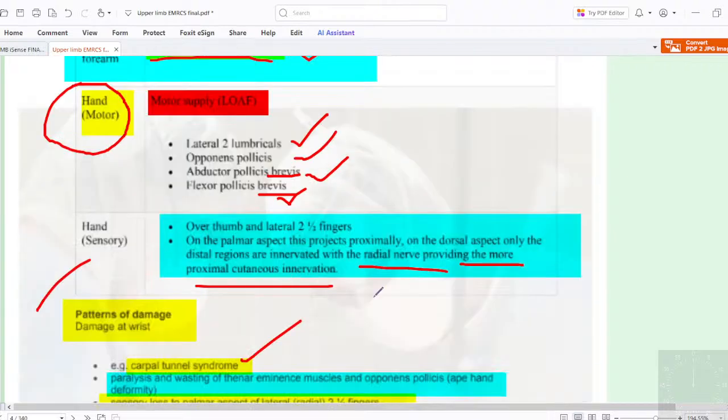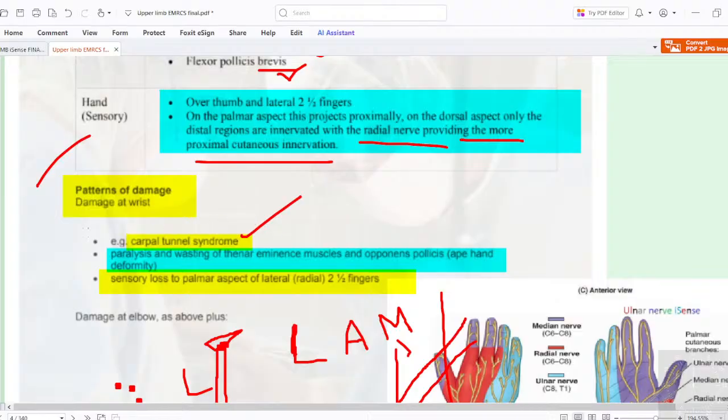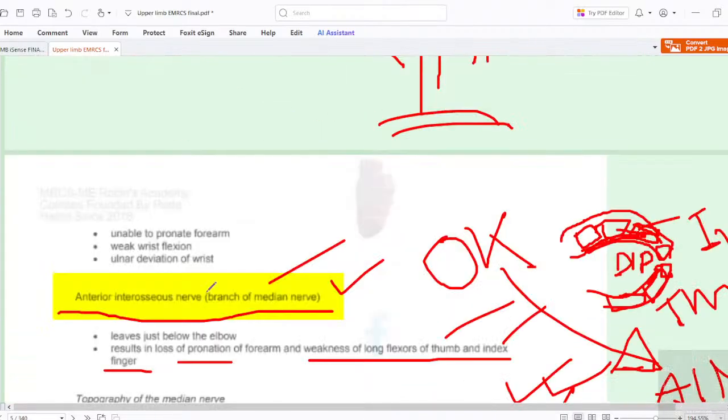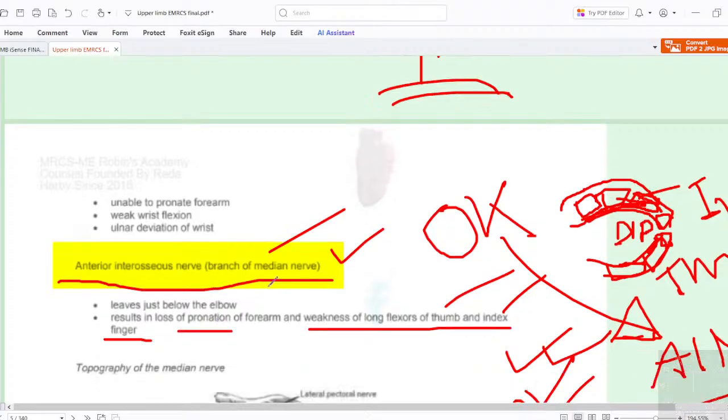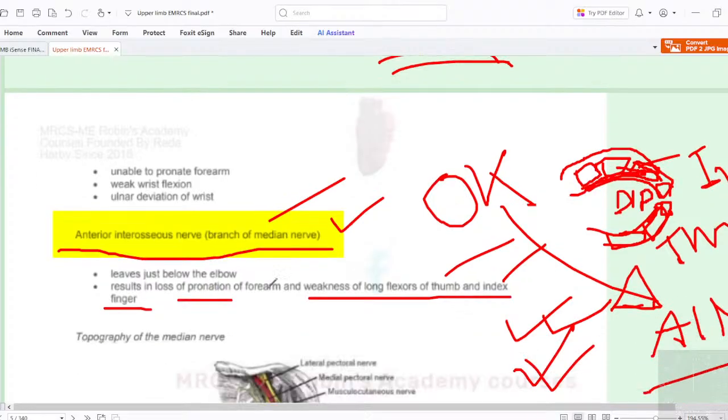In the hand sensory, we have seen the cutaneous supply and the pattern of damage. Damage at the wrist causes carpal tunnel syndrome. The anterior interosseous nerve is a branch of the median nerve, motor, arising just below the elbow.